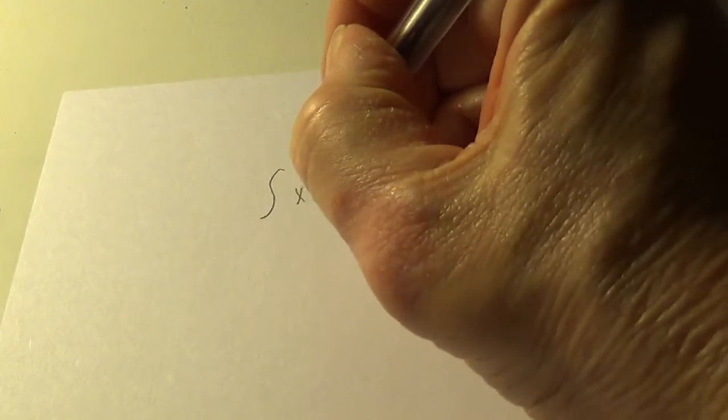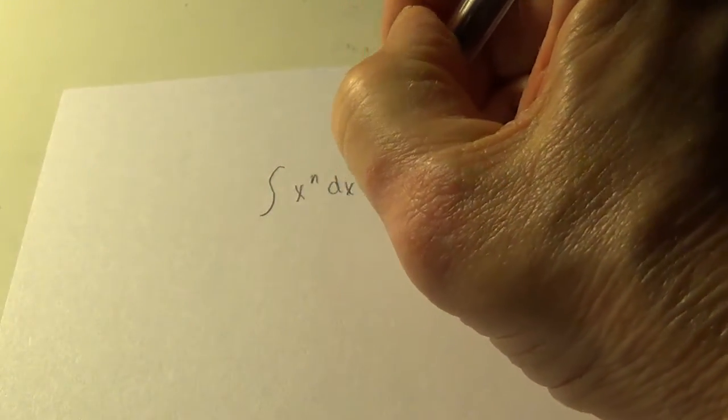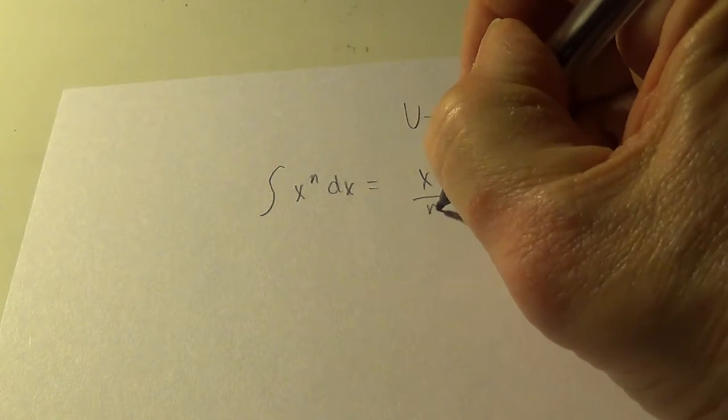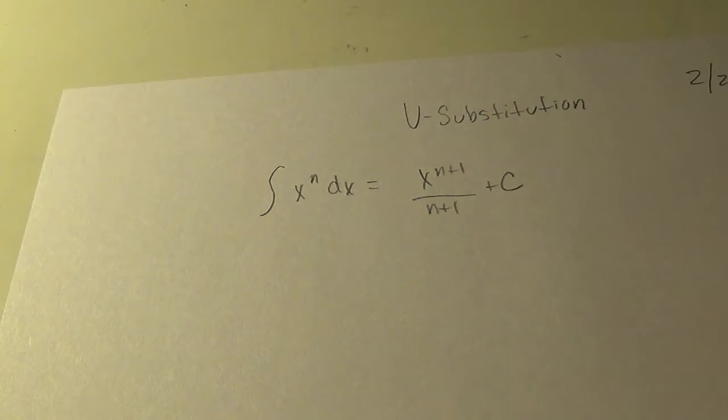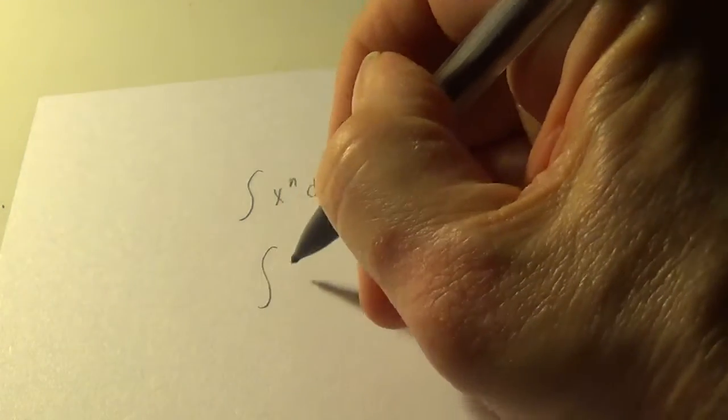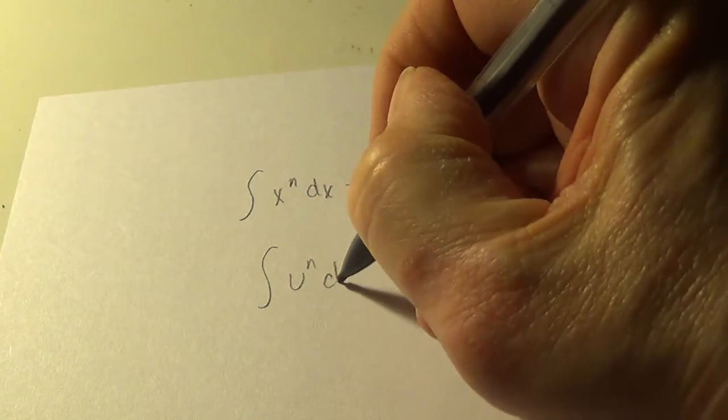Alright, we have been integrating with basically the power rule for integration. So tonight we're going to kick it up. Instead of having an x, we're going to have a u.